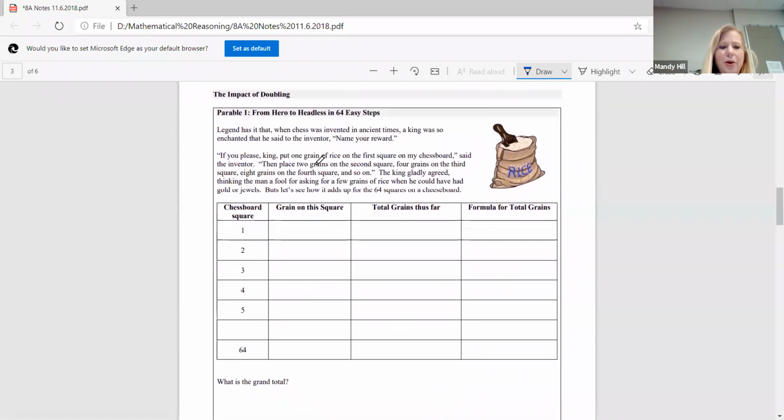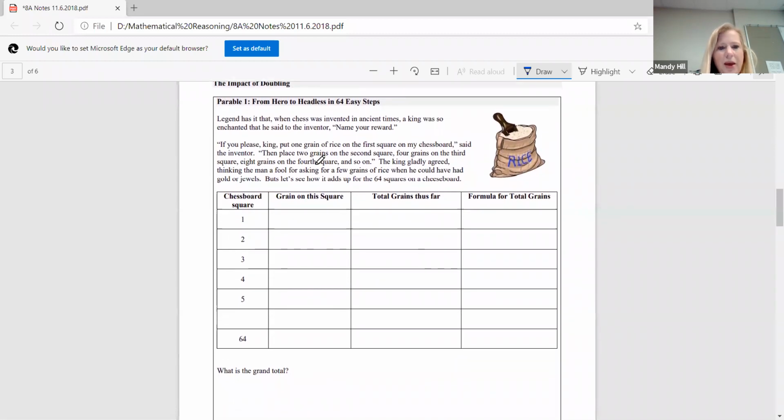So we've got a parable here. It says from hero to headless in 64 easy steps. It says legend has it that when chess was invented in ancient times, a king was so enchanted that he said to the inventor, "Name your reward."